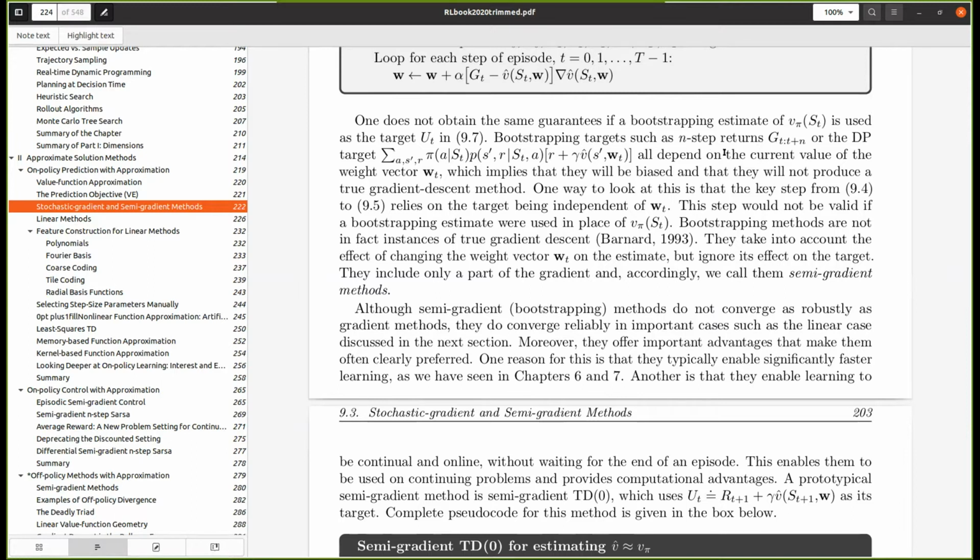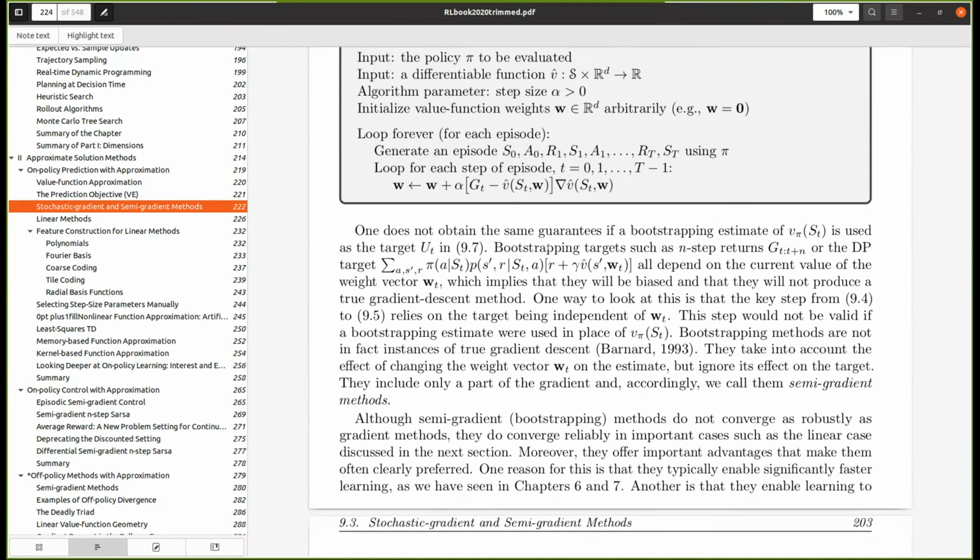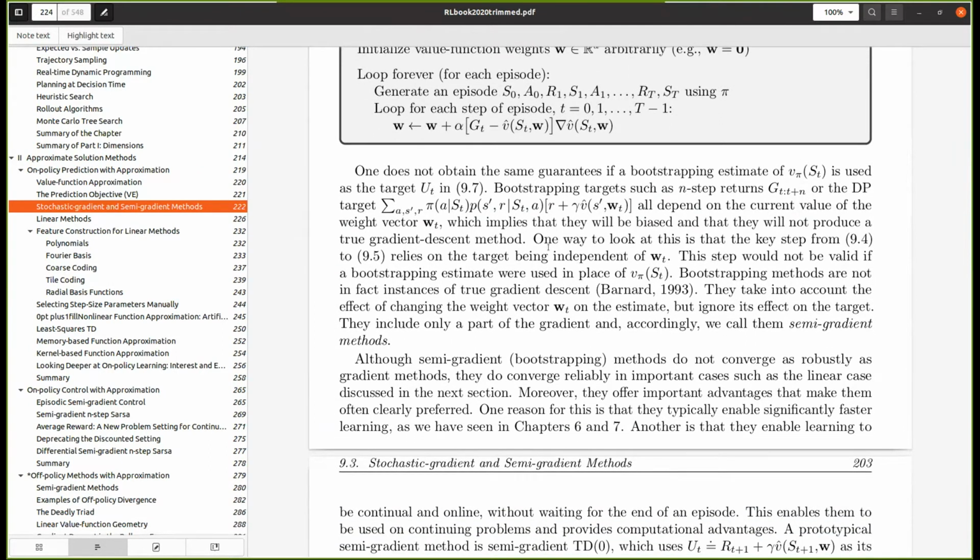And the problem here is that our value for the expected returns becomes dependent on W itself, right? So we are trying to bootstrap based on the same W here. In this case, convergence is not guaranteed, so that's a problem for gradient-based algorithms.